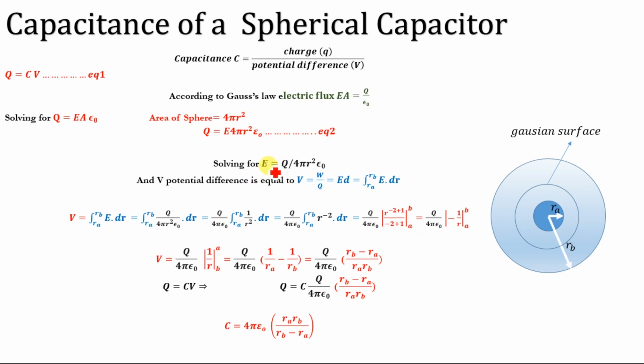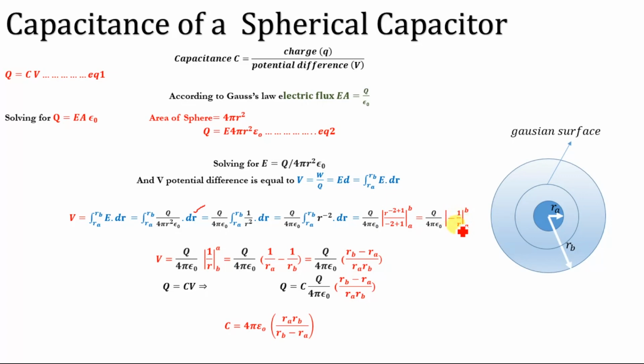After substituting, we will have Q divided by 4 pi r square epsilon naught dot dr. Now this integral is dependent only on r square, so we will have Q divided by 4 pi epsilon naught, integration from Ra to Rb of 1 over r square dr. And we know 1 over r square is equal to r power minus 2. Taking the integration of r power minus 2, we will have r power minus 2 plus 1 divided by minus 2 plus 1, and finally we will have minus 1 over r.